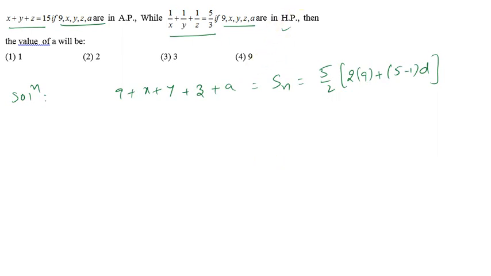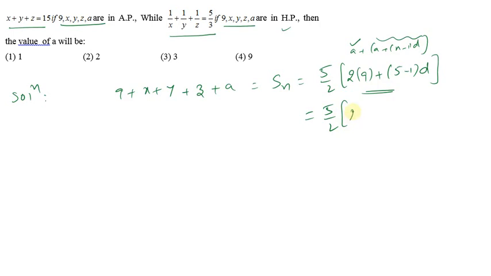Instead of this, my suggestion is 5 by 2 into first term plus last term. Why? Because you know the sum of n terms is equal to n by 2 into 2a plus n minus 1 into d, which can also be written as n by 2 into a plus a plus n minus 1 into d. So this is the first term and this is nothing but the last term.